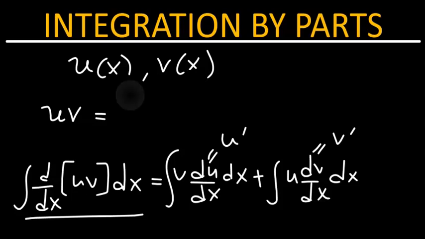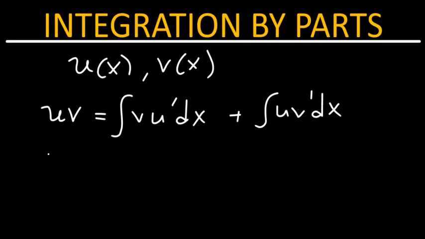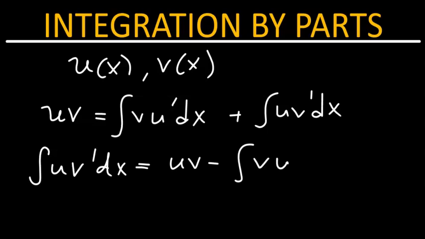So the first term on the right hand side is the integral of v u prime dx, and the second term is plus the integral of u v prime dx. Rearranging the terms a little, the integral of u v prime dx equals uv minus the integral of v u prime dx.